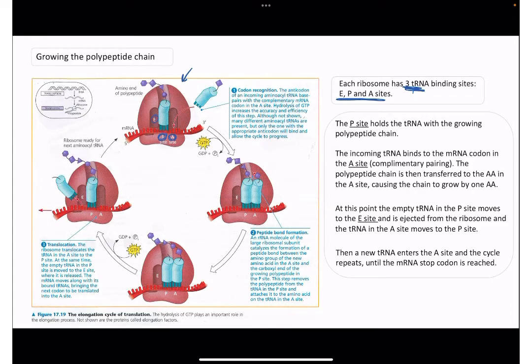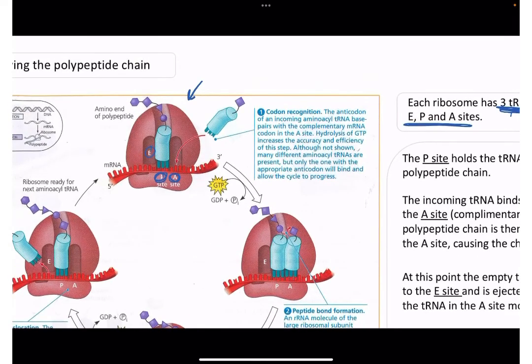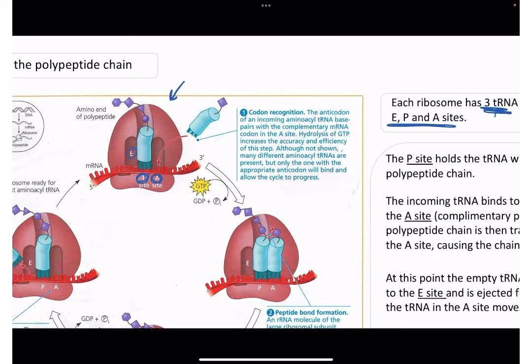The P site is going to contain the tRNA with the growing polypeptide chain. This is the growing polypeptide chain that we're making. And then the incoming tRNA is going to bind into the A site.